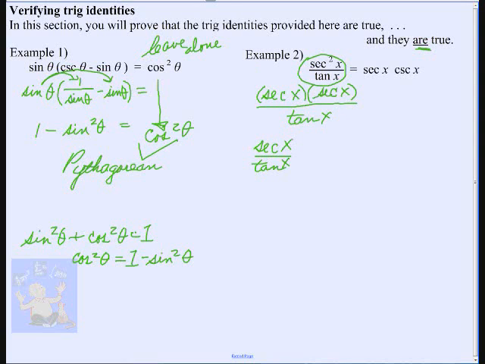Oh, wait a second. I see a better way. You don't have to see your way through to the end to get started on these. Just get started and play around with it. I can see I've got secant x already. So secant x, I get the first part of it. And then this could be written as secant x over tangent x.